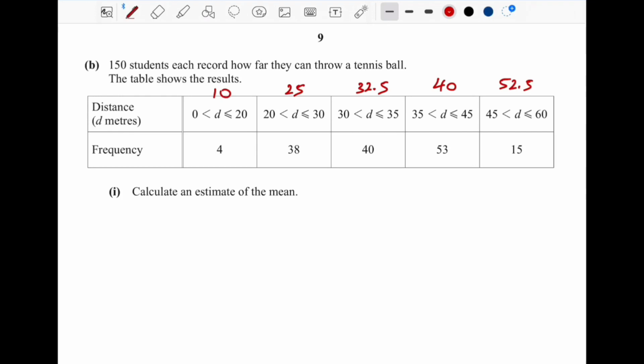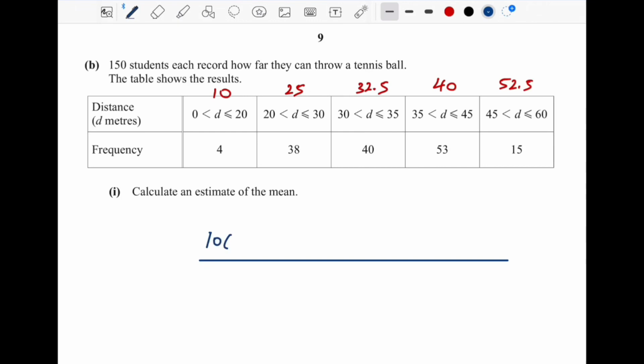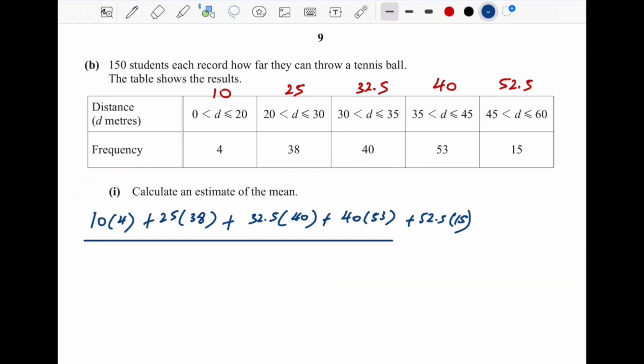Then you have the estimated value for the mean. So meter value times the frequency, meter value times the frequency, you apply for every single category, divided by the total frequency.